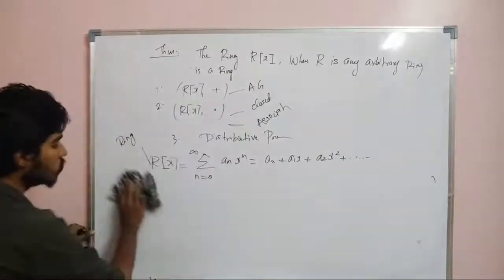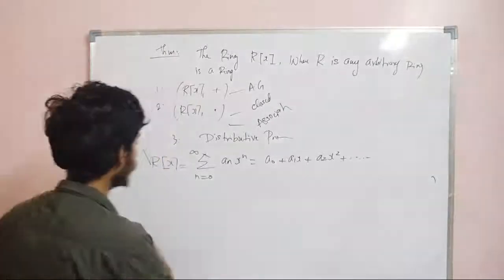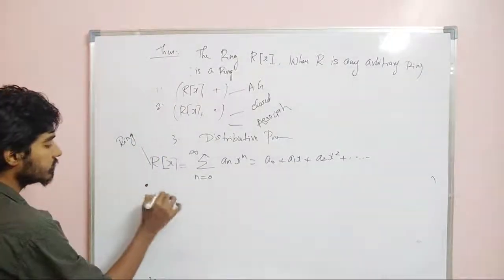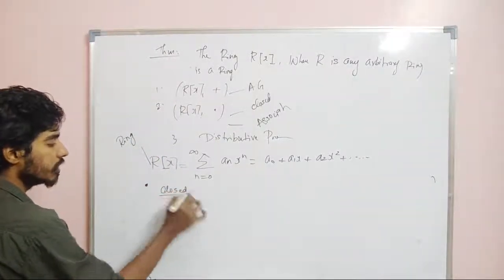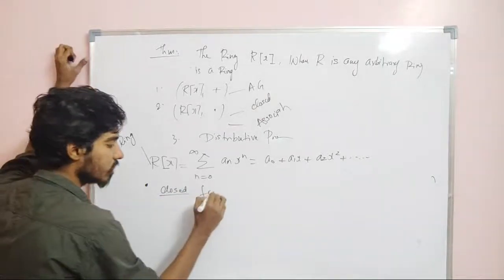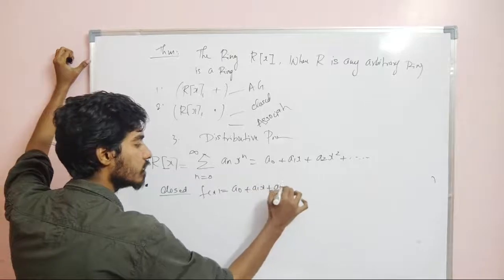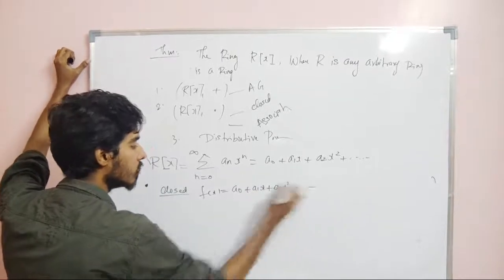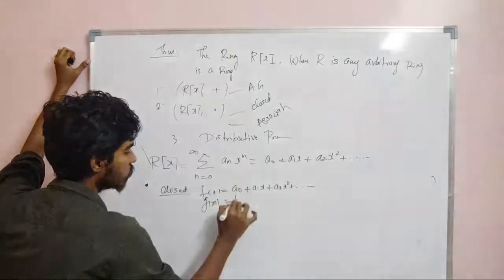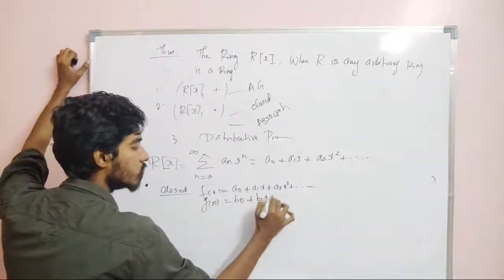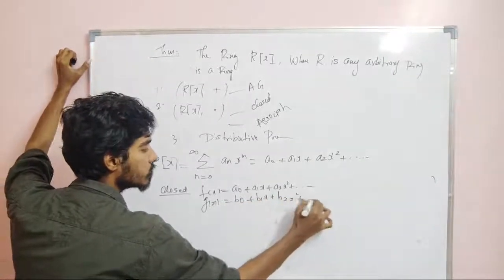Now we will show that with respect to multiplication, it must be closed. Again you just take f(x) to be a0 plus a1x plus a2x² and so on, and then you take another polynomial g(x) to be b0 plus b1x plus b2x² and so on.